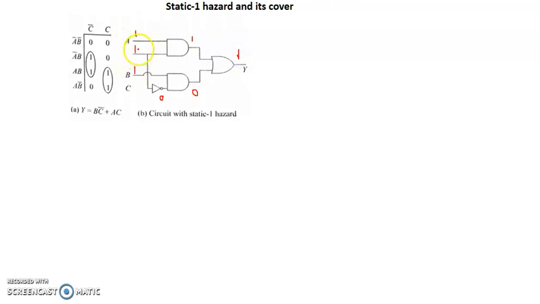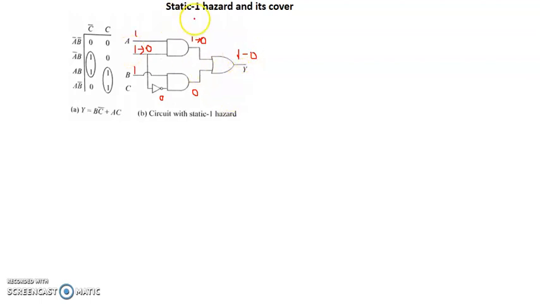Now when C changes from 1 to 0, as soon as it changes to 0, the output of this AND gate becomes 0. But for a certain period of time the other one retains 0 only. So the output of this AND gate is 0 only, and now the output across Y will be 0.